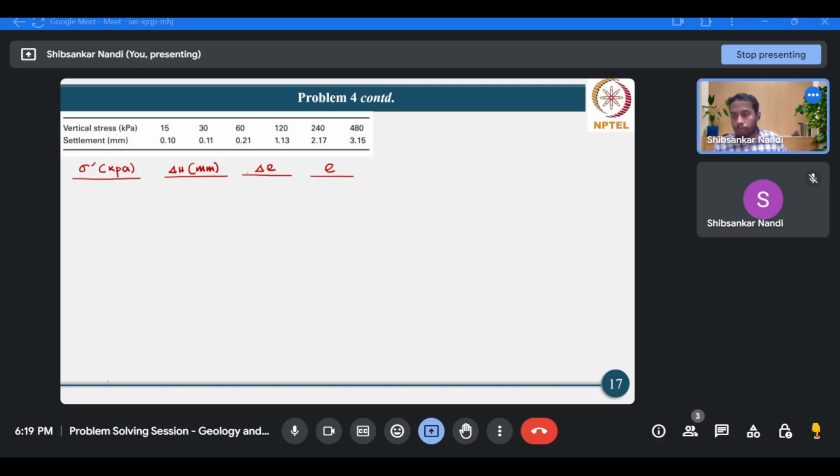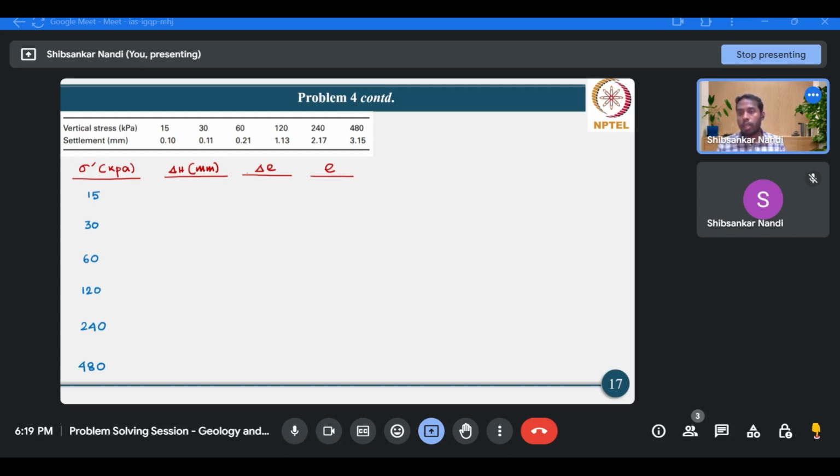We'll first write down all the stresses. First 15 kPa, then 30 kPa, then 60, then 120, 240 and 480. So the stresses are applied from 15 kPa to a final value of 480 kPa in an incremental manner.